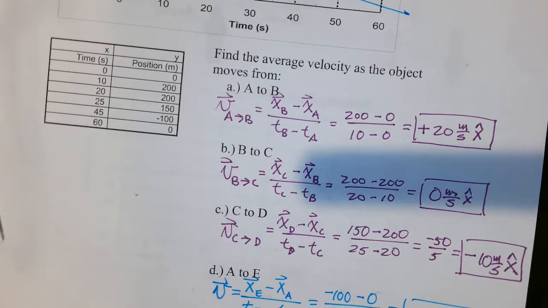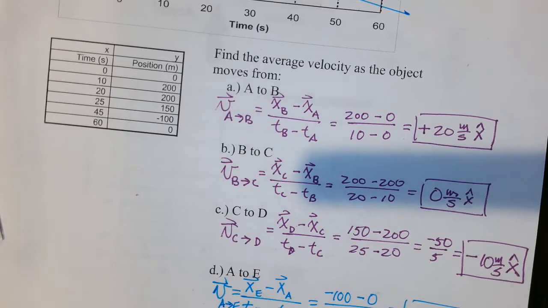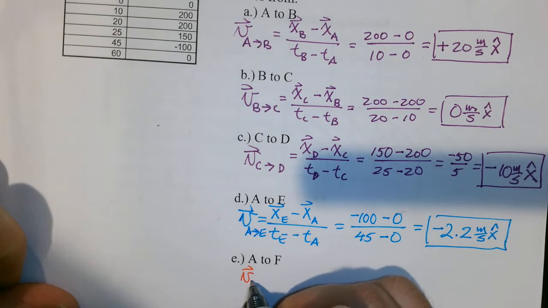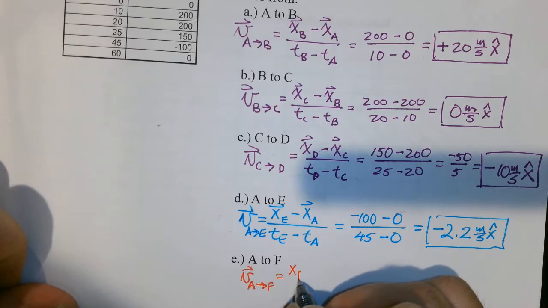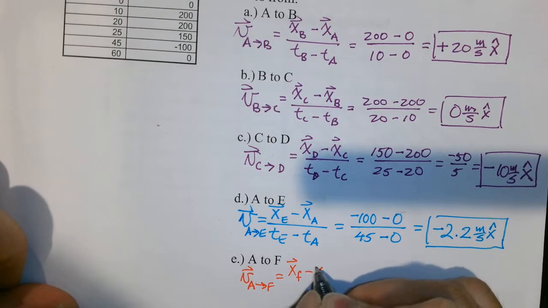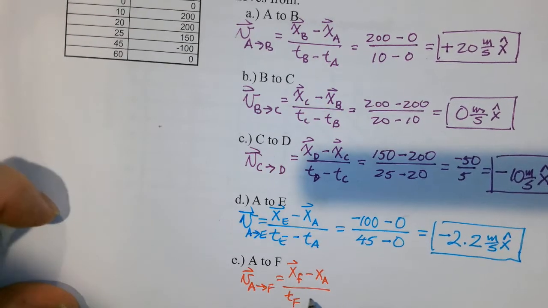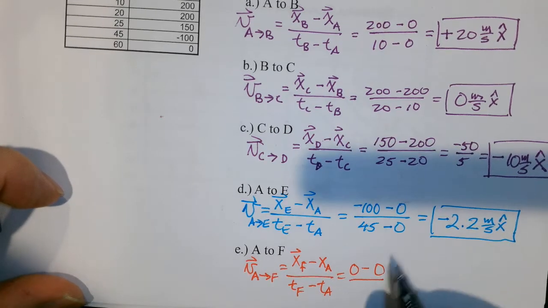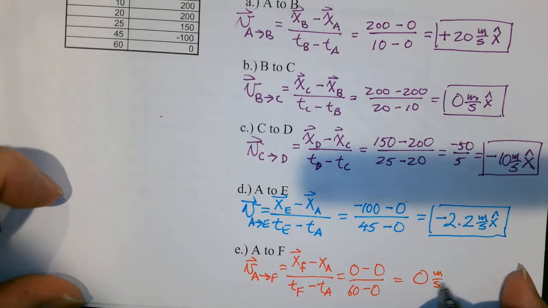So maybe this should be from A to E. And then A to F, my velocity vector from A to F is xf minus xa over tf minus ta, and that is 0 minus 0 over 60 minus 0, and that is 0 meters per second.